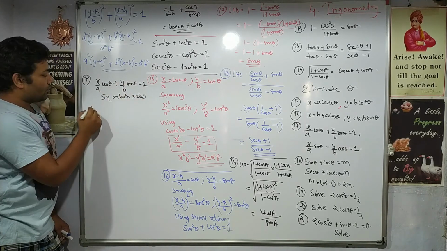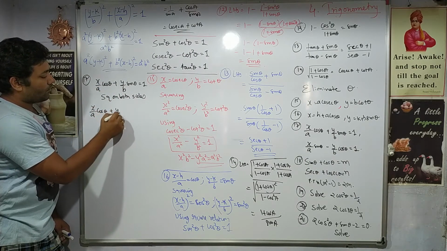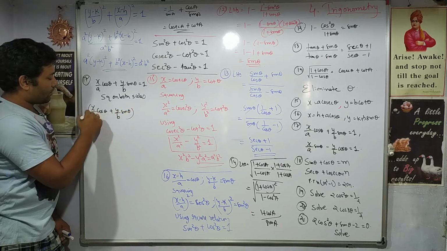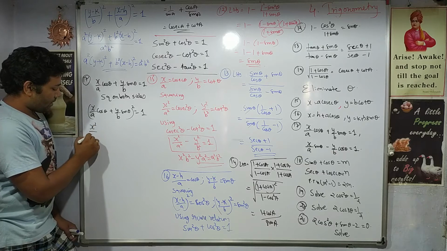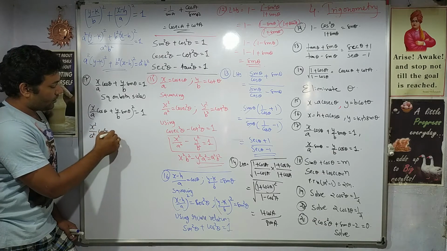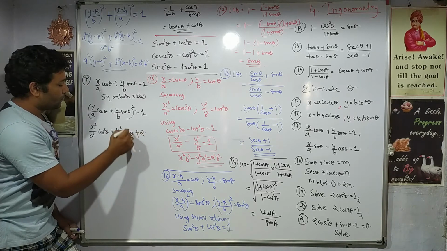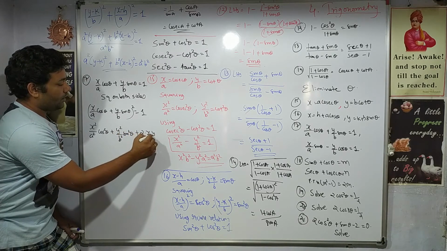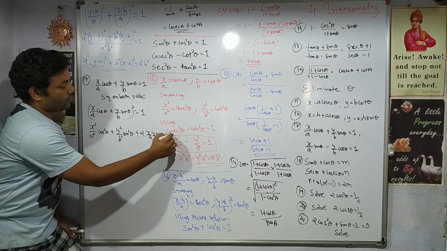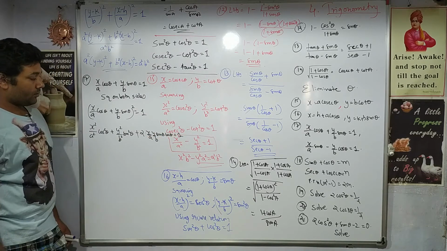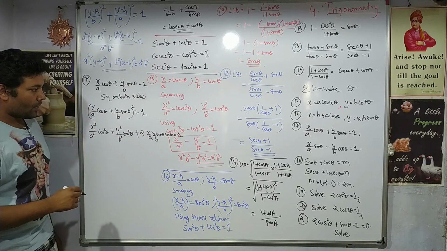So if we square on both the sides, it will be a square plus b square plus 2ab sin theta dot cos theta equal to 1. Correct? That is the simplification of the first equation.